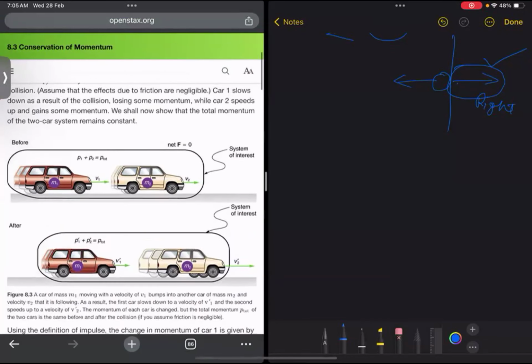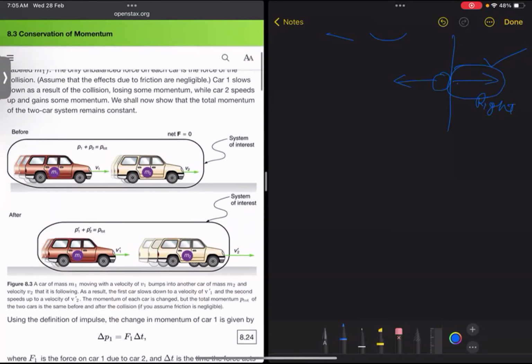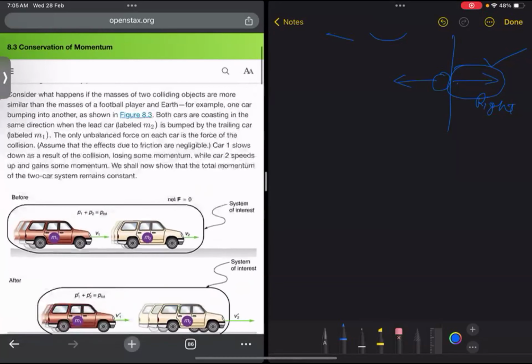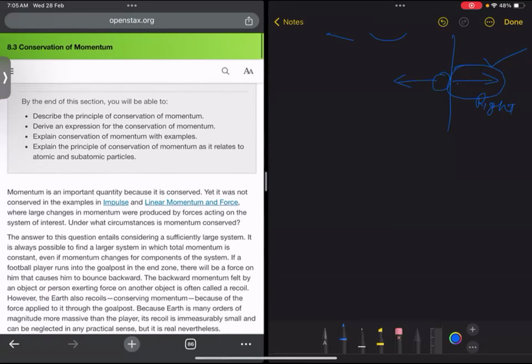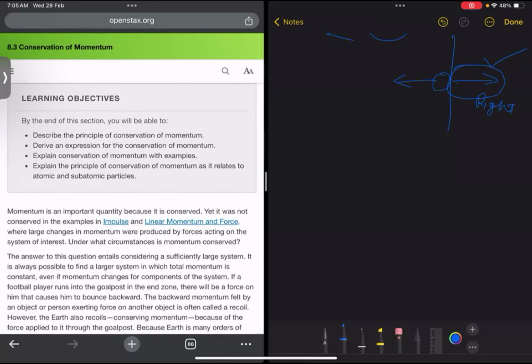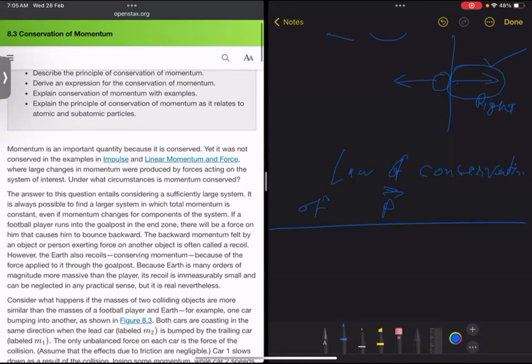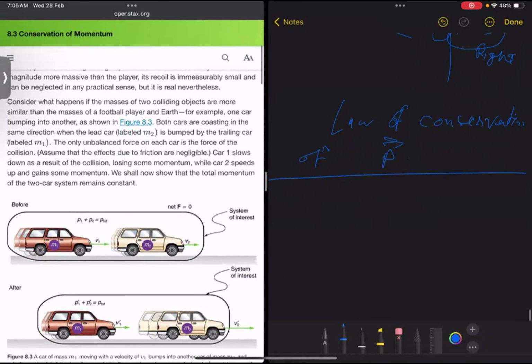Before going there, I would like to check: do you know when you apply collision, the law of conservation of momentum? Do you know what is the law of conservation of momentum? No, I don't remember. Okay.